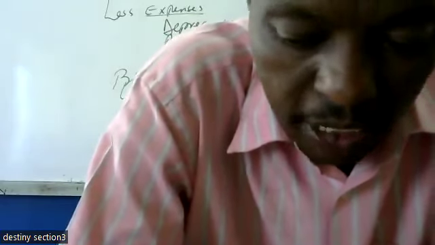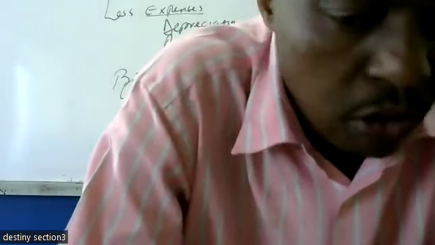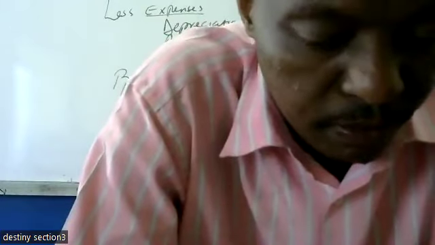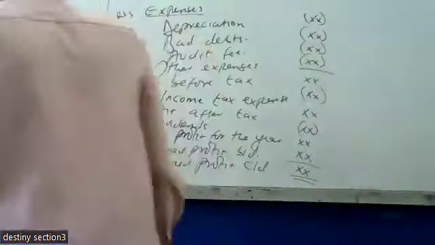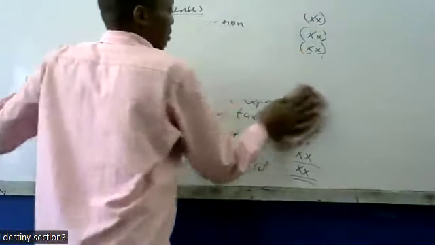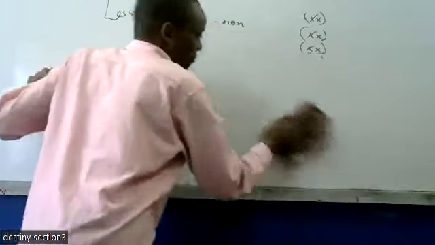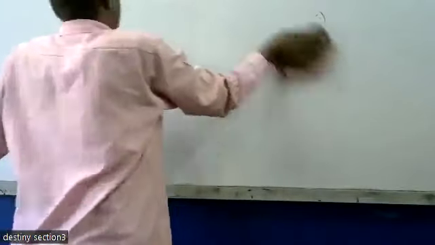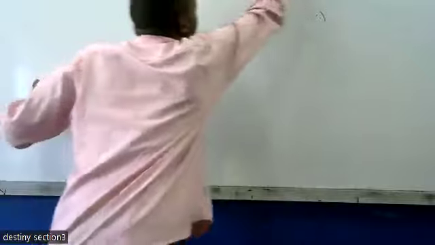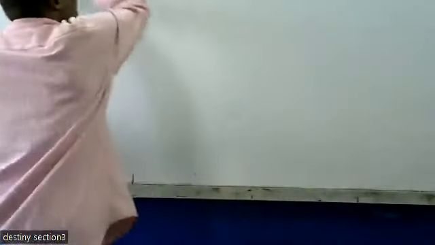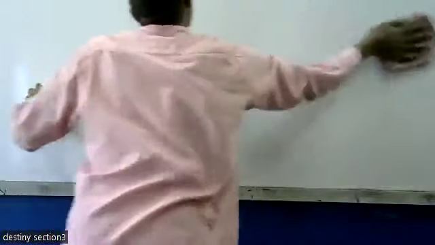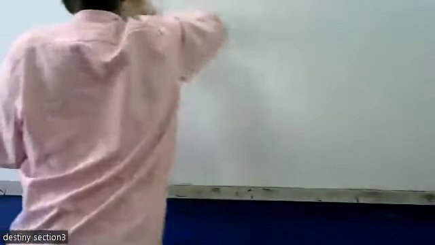We are going to start with preparation of the revenue account. Kindly provide me with the figures because actually I don't have the question with me. Where I can access the question, I'll just give the direction.